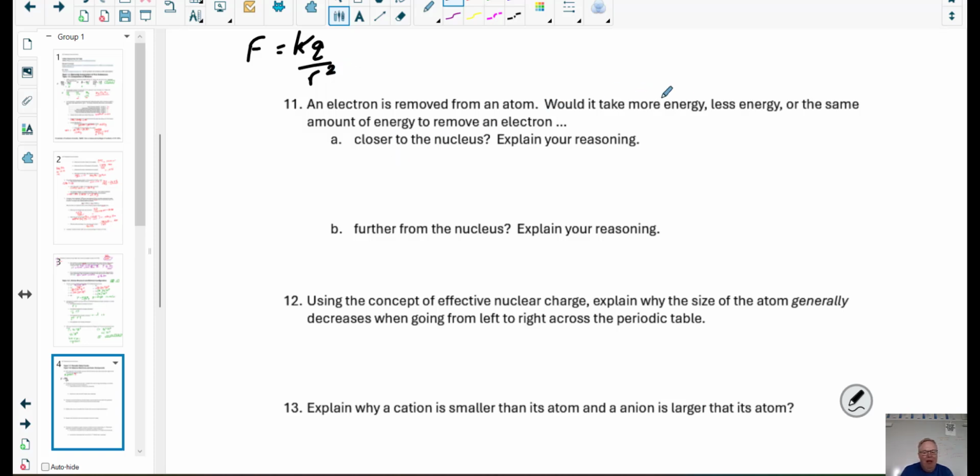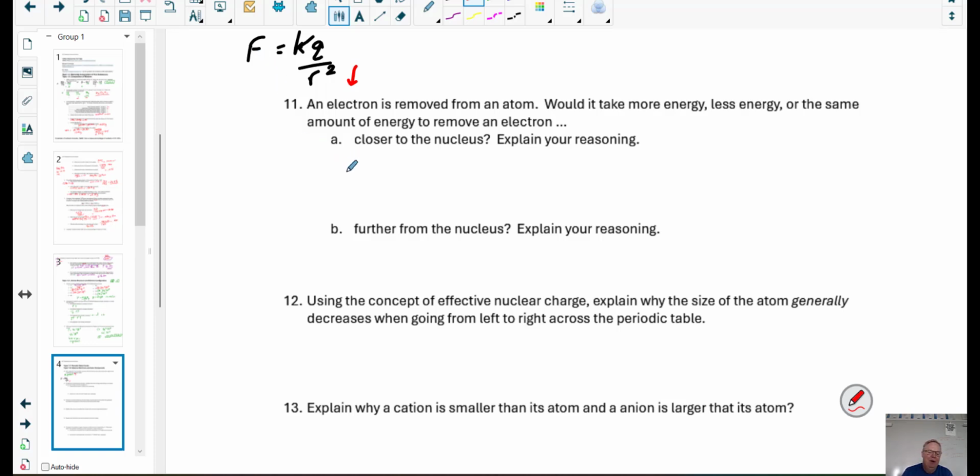So if I get something that's closer to the nucleus, what is really happening? Well, we know that radius is going to get smaller. So if that gets smaller, then the force gets greater. And remember, this is the force of attraction. So therefore, it's going to be much harder to remove this electron because it's being highly attracted to the nucleus.